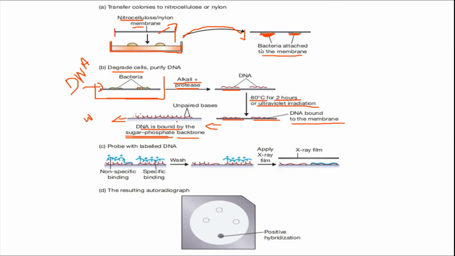The remaining unwanted things are washed out. Only the genomic DNA, and maybe the recombinant plasmid that was transformed into the host, remain in the membrane, because the recombinant DNA is also DNA, so it is easily fixed to the membrane. Then this is the last important step.